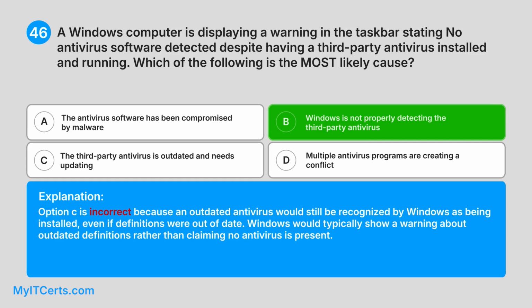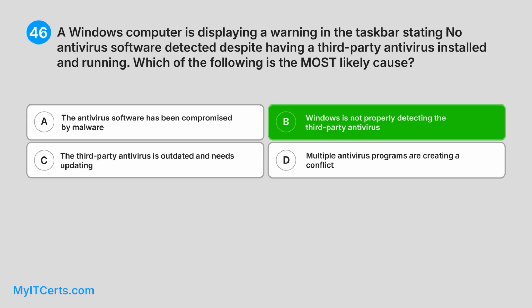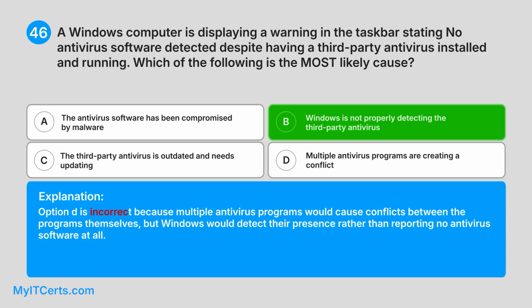Windows would typically show a warning about outdated definitions rather than claiming no antivirus is present. Option D, multiple antivirus programs are creating a conflict, is incorrect because multiple antivirus programs would cause conflicts between the programs themselves, but Windows would detect their presence rather than reporting no antivirus software at all.